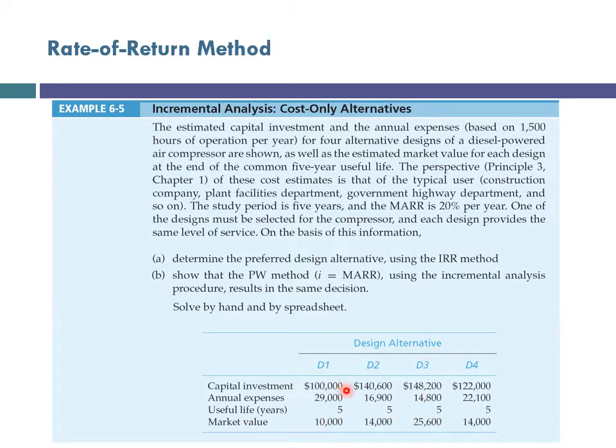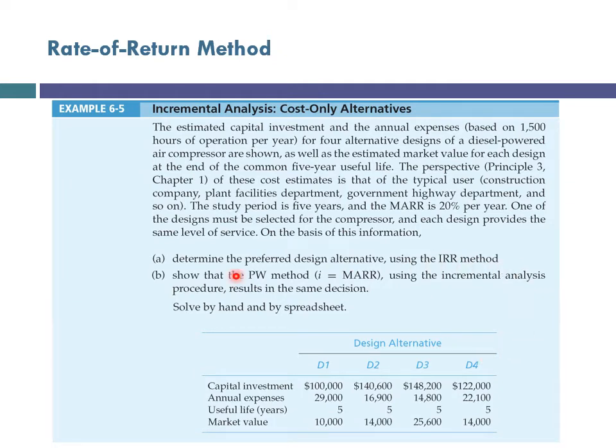With this information, you can easily sketch the cash flow diagram of the alternatives, and the MAR is given to us as 20%. We are asked to determine the preferred design alternative. We need to select only one of these alternatives.